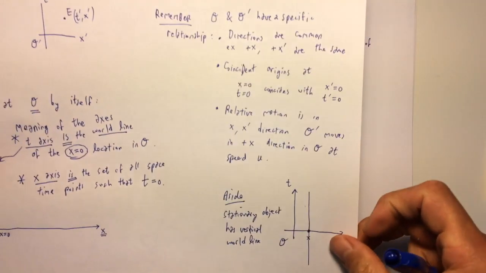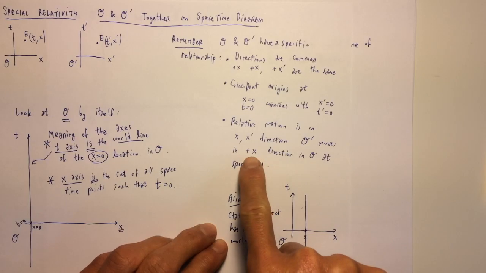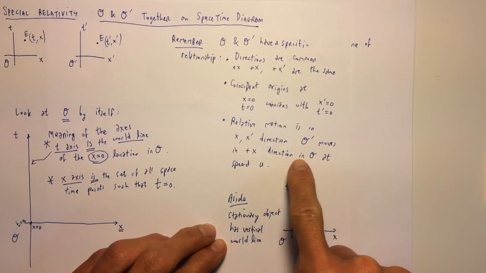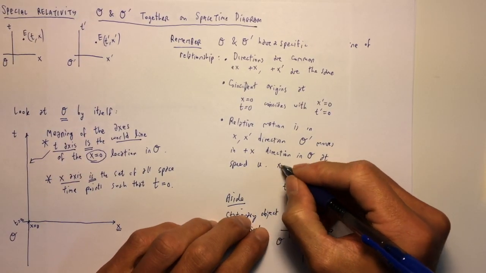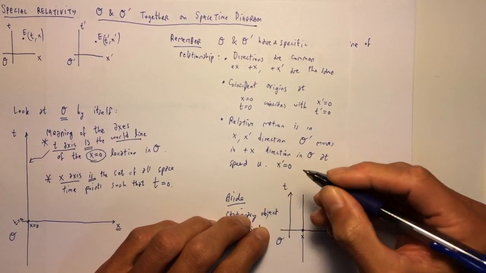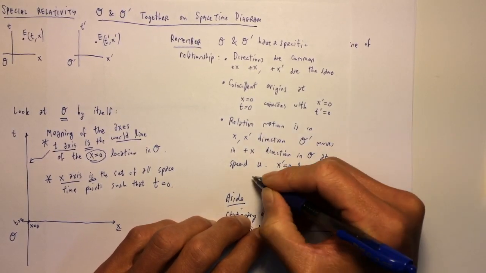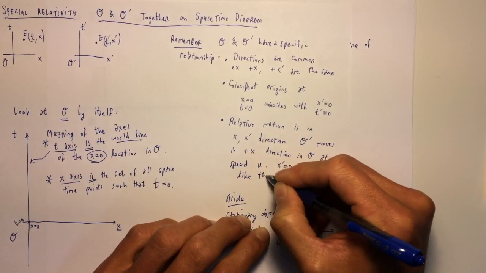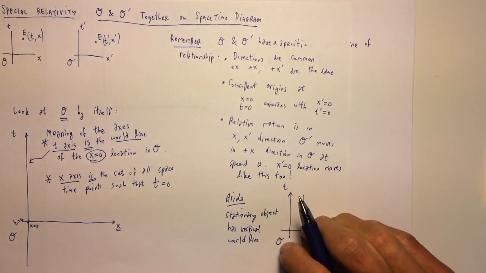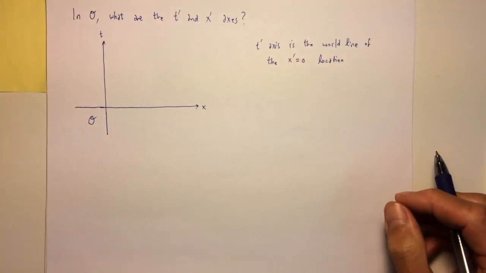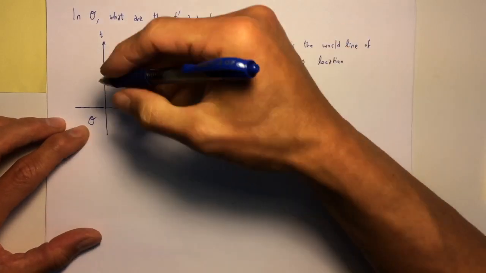And remember that O prime moves in the positive x direction inside of O at speed u. So that means that the x prime equals to 0 location moves like this too, right? So what I'm going to do is go into O and draw the x prime equals to 0 location world line.